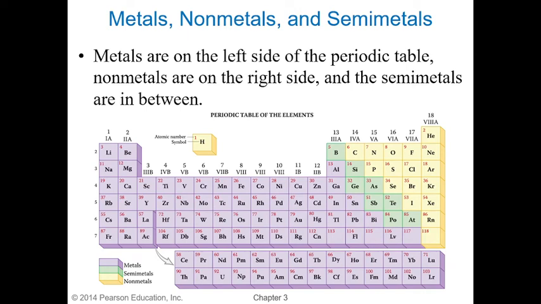So uulitin ko lang, metals are on the left side of the periodic table, non-metals on the right, and the semi-metals are in between this. Parang there's a stairway dyan. Yan. So yung nahagip ng stairway, that is your semi-metals.